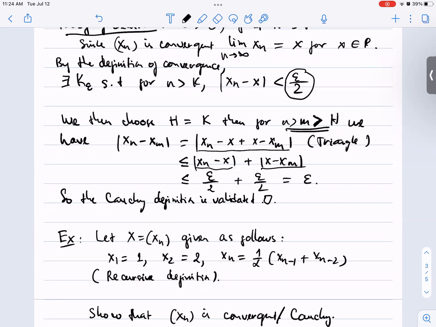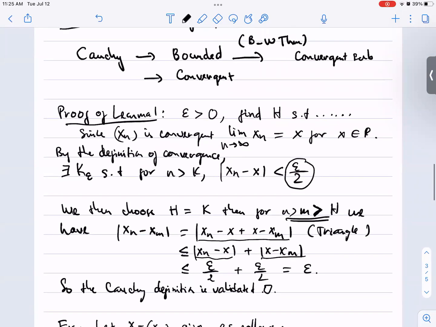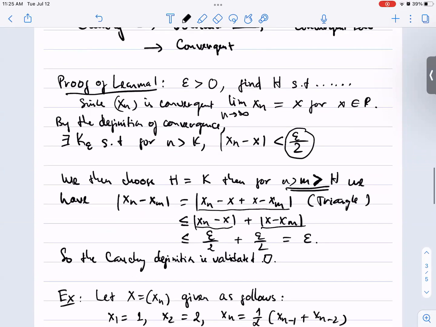So together, it is smaller than epsilon over 2 plus epsilon over 2, which equals epsilon. This is exactly the condition of a Cauchy sequence, so the Cauchy definition is validated. That's how we prove lemma 1. For the proof of lemma 2 and the general statement, you can read the textbook.